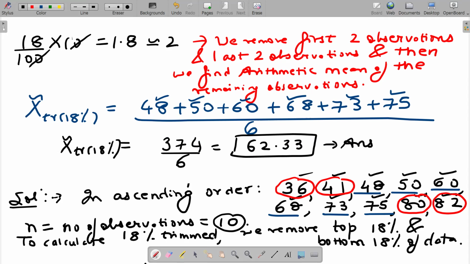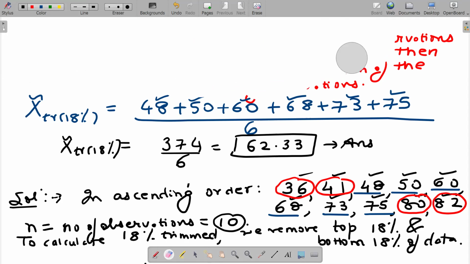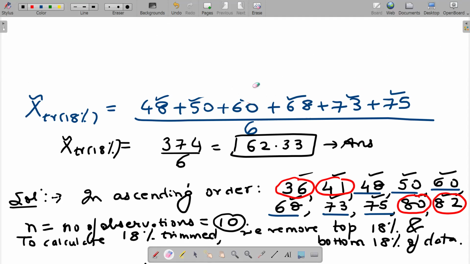To calculate the simple arithmetic mean, I just need to sum up all observations and divide them by the total number of observations, for which I erase the initial portion off now. Let me erase this portion off. So simple arithmetic mean, let me correct myself, is just the sum of all observations.